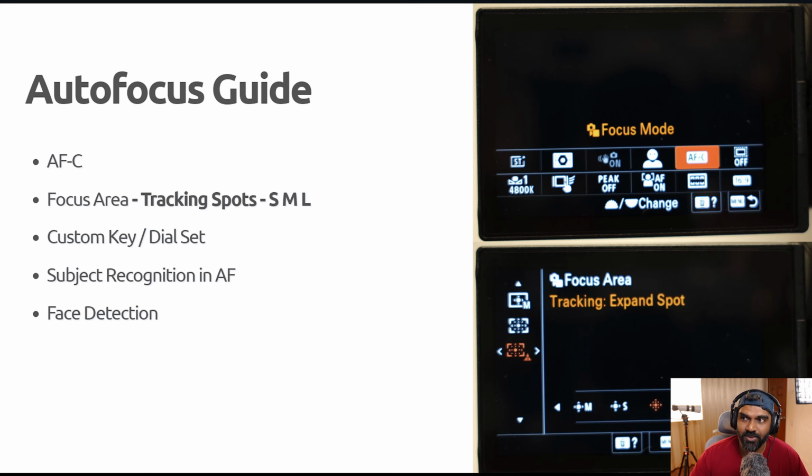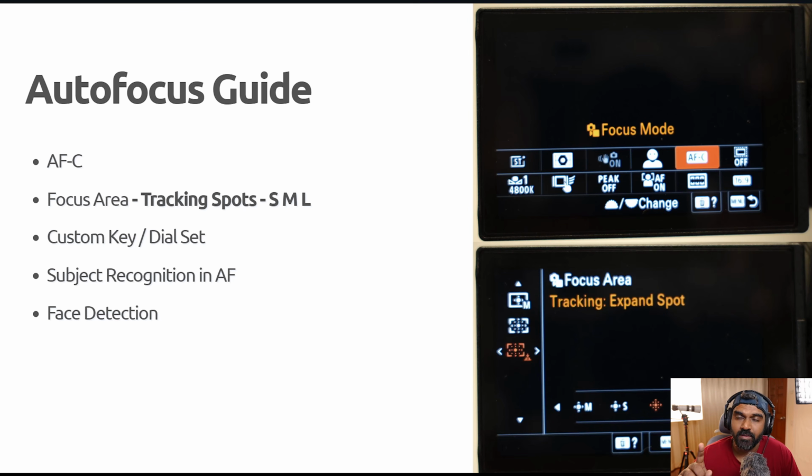But for sports and wildlife, tracking autofocus is extremely useful. And I will tell you how good the Sony autofocus is in this video. I will explain it in a very good way. So just wait for it.